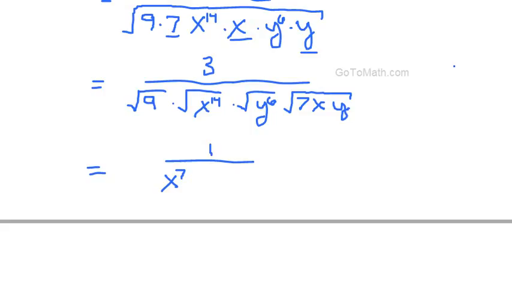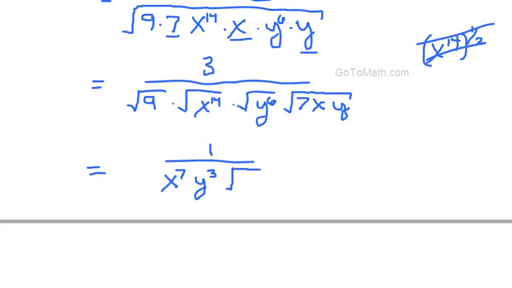That's like raising x to the 14th to the half power, and then multiplying 14 times a half gives you 7. Okay, and then we have the square root of y to the 6th. So that's going to be y to the 3rd power, and a half of 6 is 3.